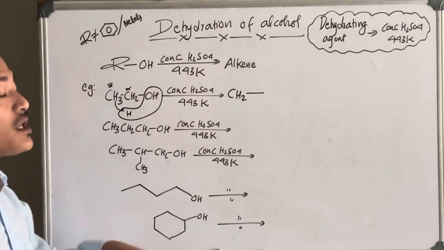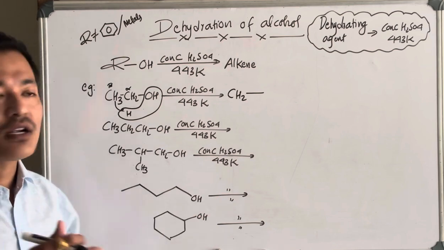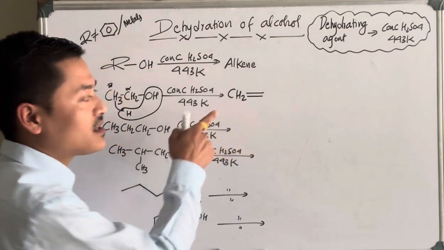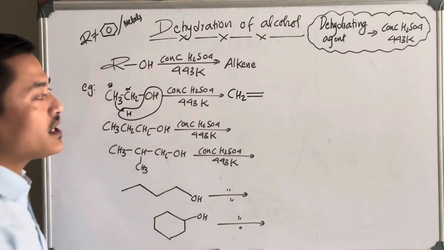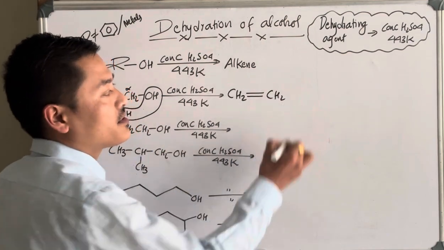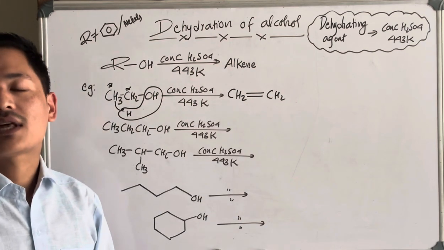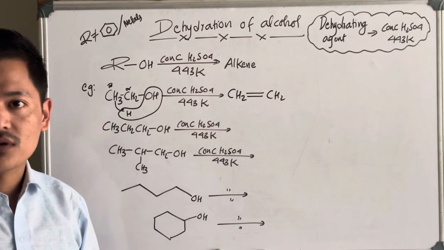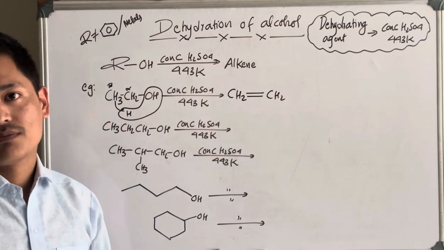Since both hydrogen and OH are lost, the two non-bonding orbitals come together and form another bond. That is why a double bond is formed there. The alpha carbon has its CH2 group, which remains as it is. That means CH2 double bond CH2, that is ethene, will be formed. So ethanol will always give rise to ethene.